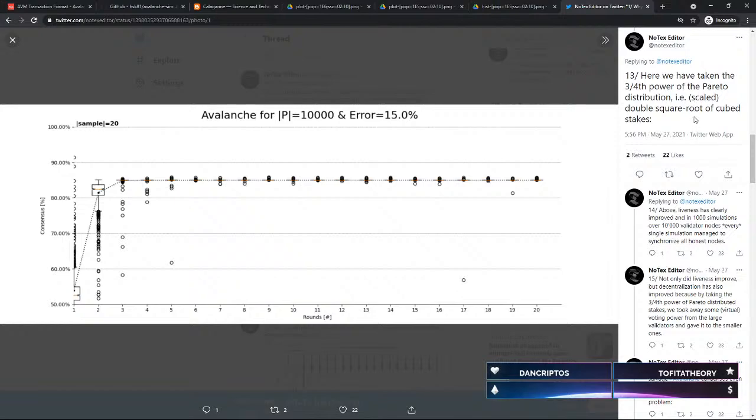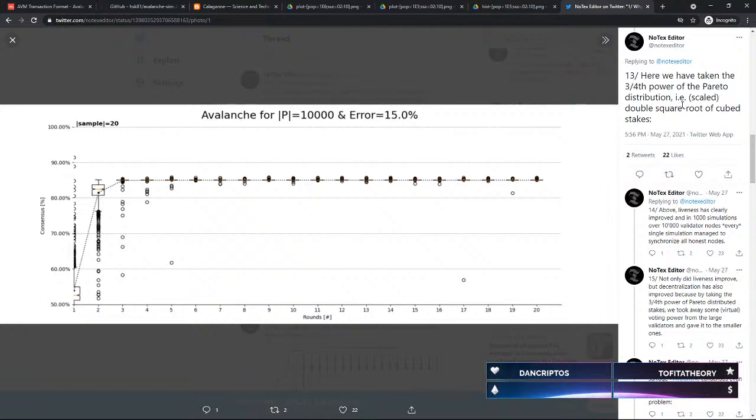It's good to know about. So you're saying that after round 20, with a 3/4 power of the Pareto distribution, the double square root of cube stake. Yeah, and this is for 10,000 nodes, 1,000 simulations, 15% crash fault tolerant. I took Pareto distributions, and I had some outliers after around 20, and then I modified this Pareto distribution.